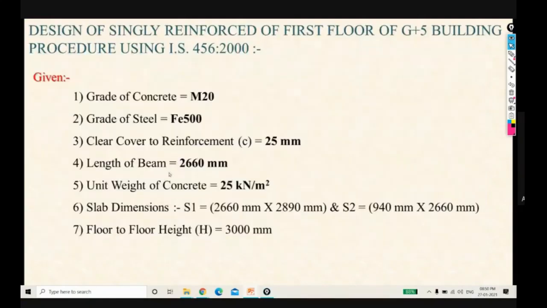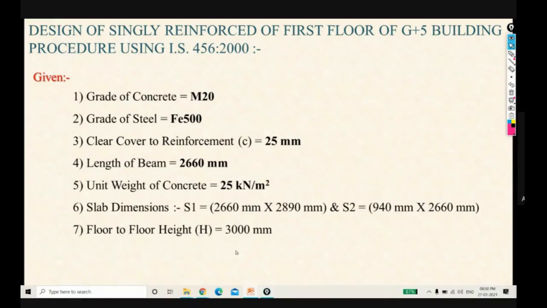These are the given assumptions: grade of concrete, grade of steel, clear cover, length of beam, unit weight of concrete, then slab dimensions. S1 is 2660 by 2890 and S2 is 940 by 2660. Floor to floor height is 3 meter.